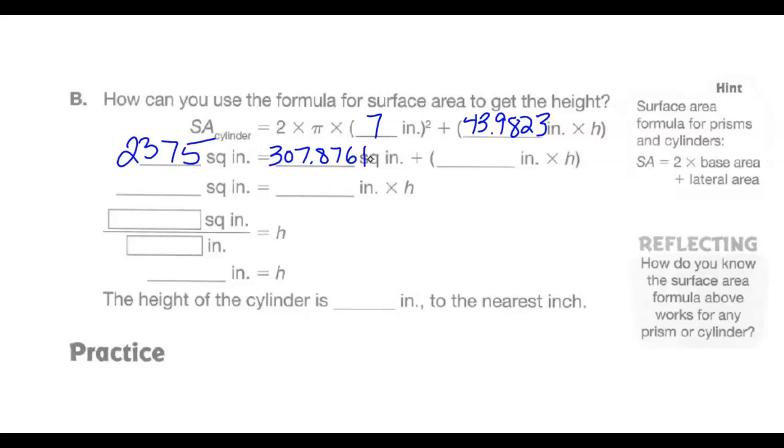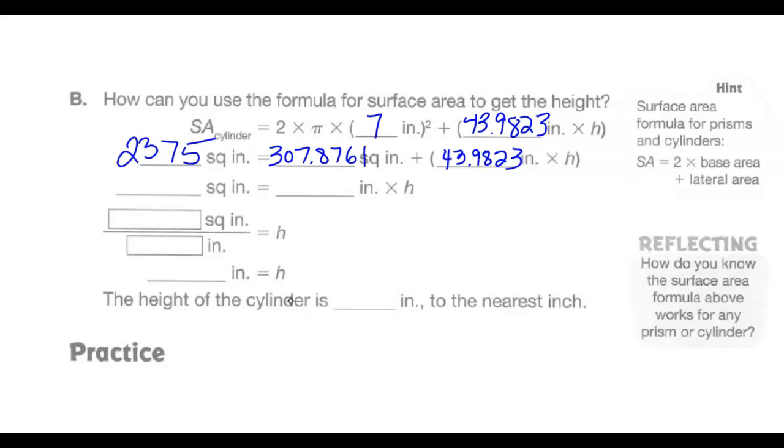Okay, and then this obviously we copy out. Typically when I show work, I don't keep all the units in here. The workbook does, but I typically don't, but just make sure at the end that you put them in. Sometimes when you put units in here, it gets really messy and confusing. So they've done it, but if you see me doing my own work, I probably won't until the end.